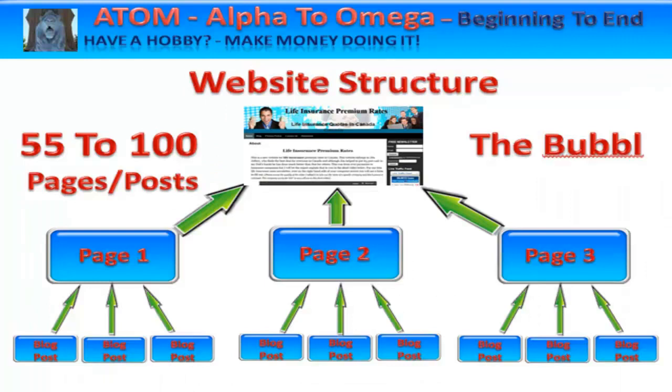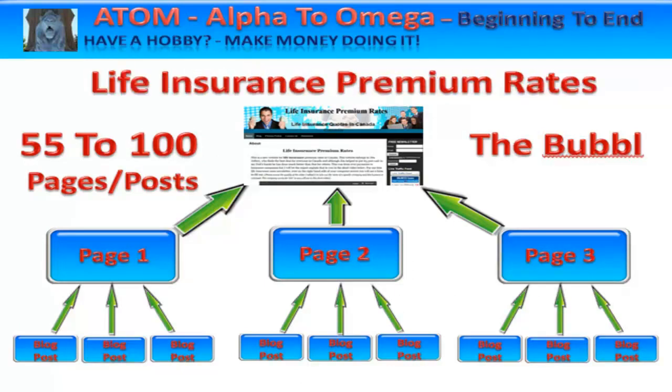What I want you to do from here is add 3 pages to your website, 3 tabs. In order to do this, we need to go back and do just a little bit more keyword research. We're going to actually add 3 tabs to your website. Tab 1, and Tab 2, and Tab 3, of course.